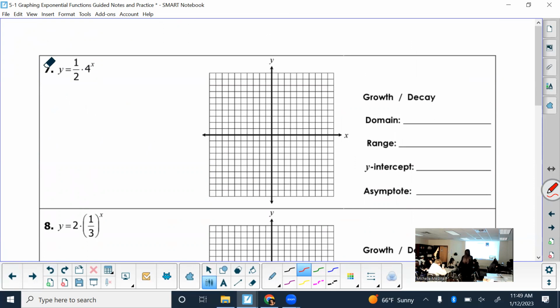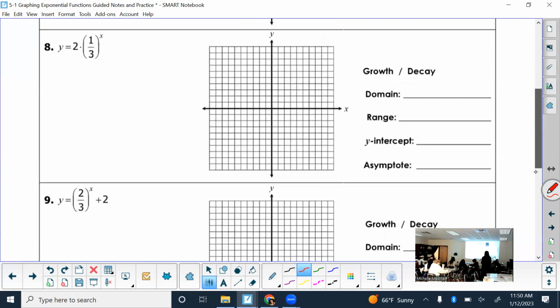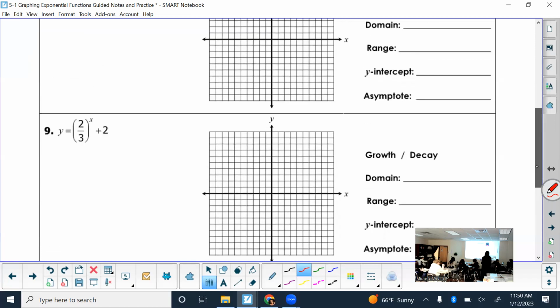Will you do number 7? Yes, because that one is growth, the one with the x. So remember, it goes y equals a b to the x. The b is bigger than 1, so do that one. Would you do 8? No, not yet. Would you do 9?